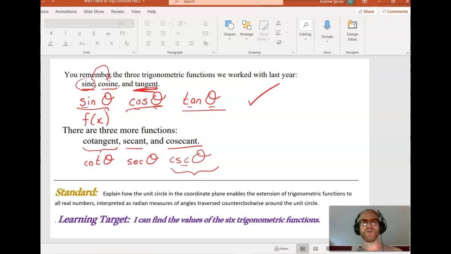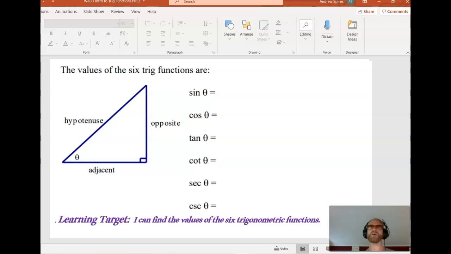And it might be sine of theta, it might be sine of x, it might be sine of t, sine of alpha, it could be whatever. Lots of different symbols, but SIN means the sine function, and then whatever symbol you put beside that is the input of the function.